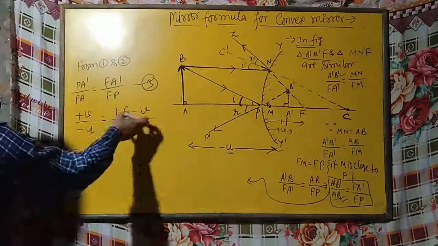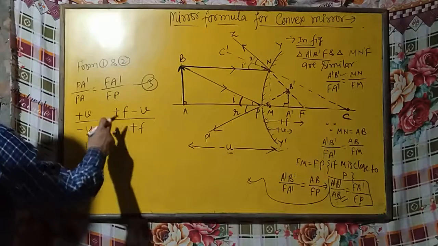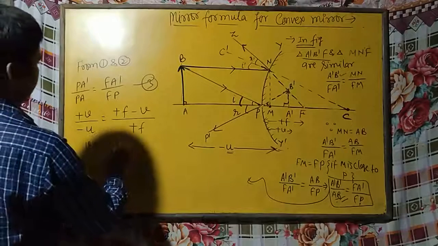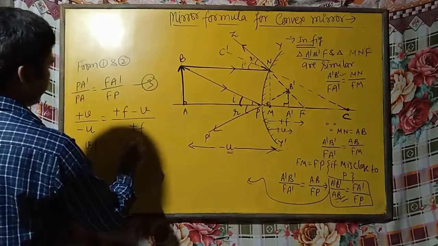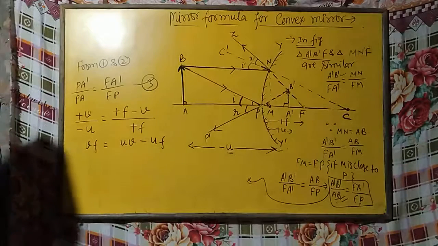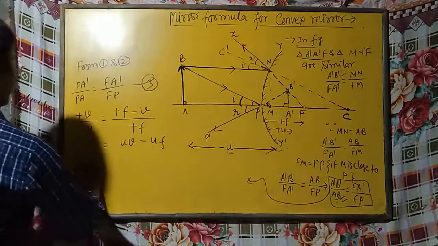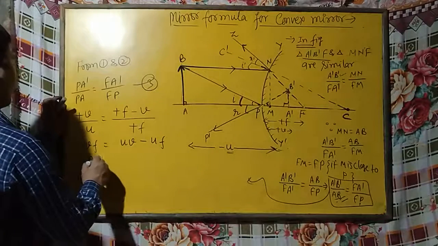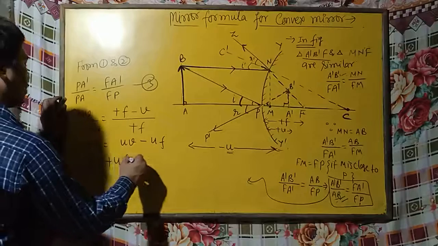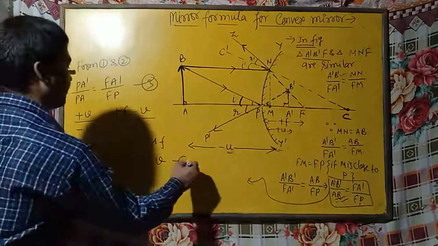Now you can cross multiply these two things together, so you will get v into f is equal to u into v minus u into f. Okay, now you can write down v into f plus u into f is equal to u into v. Okay, equation number 4.